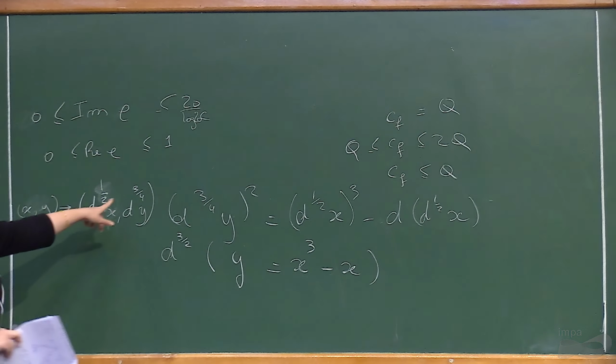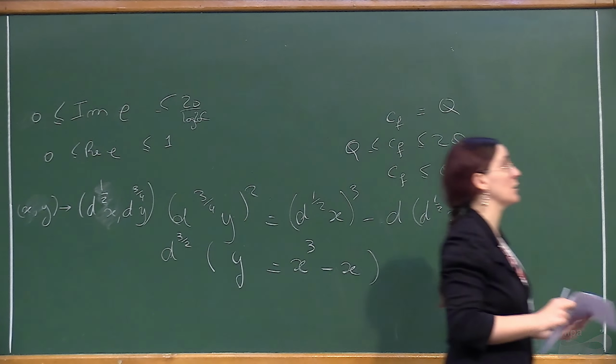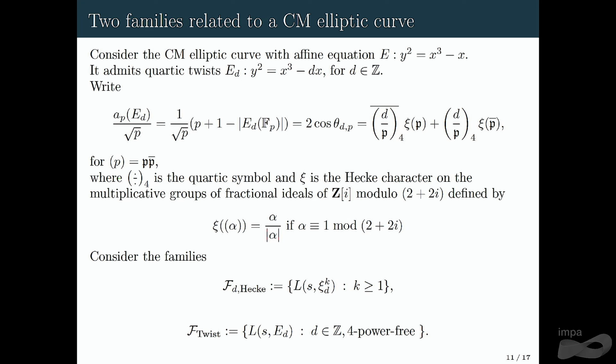And I need the d to the 3/4 to exist in my field for this change of variable to be on rational points.